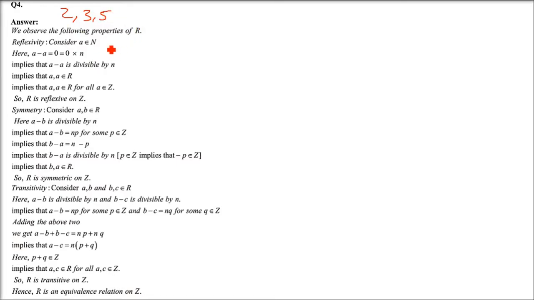So let n be a fixed positive integer. Define a relation R on Z as follows. So 2, 3, 5, we will generalize it. (a, b) belongs to R if and only if a minus b is divisible by n. Okay.